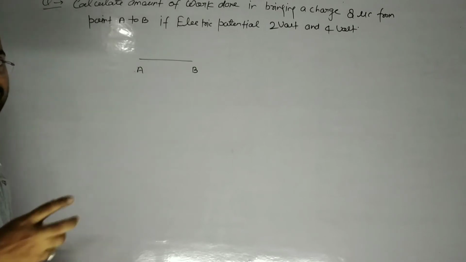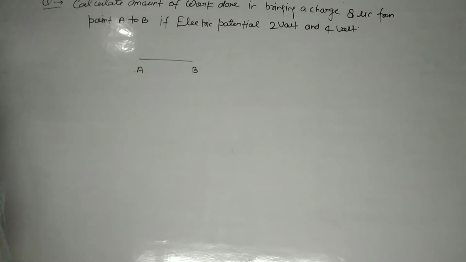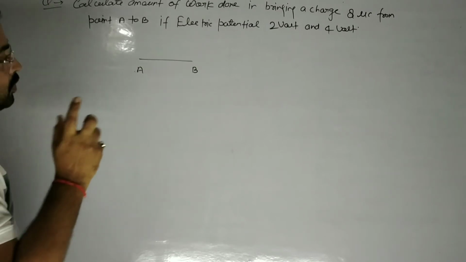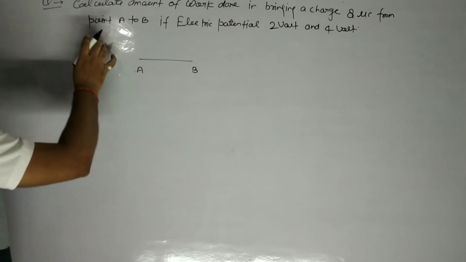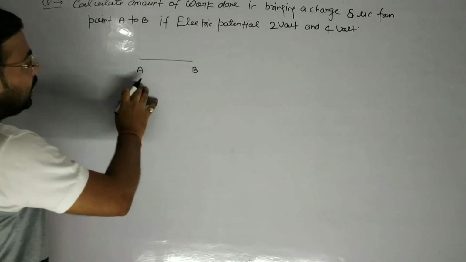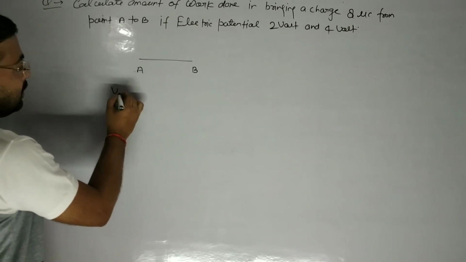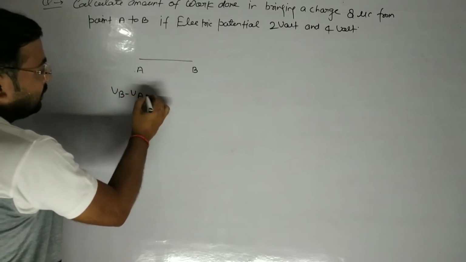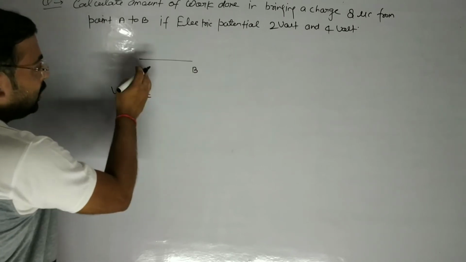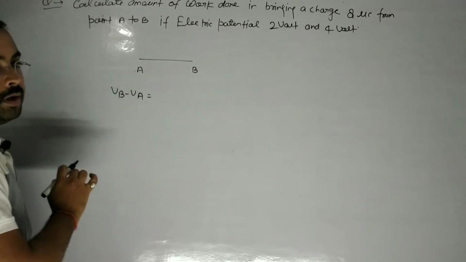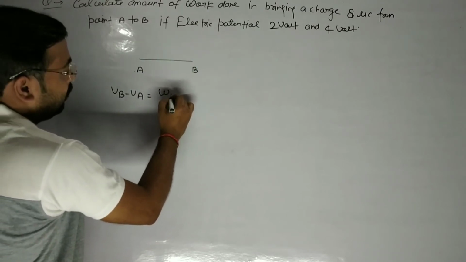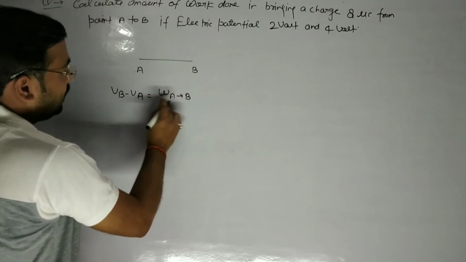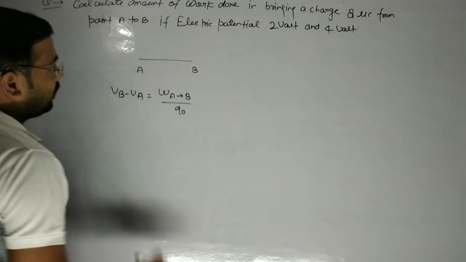In the definition, I was asking about point B to A. But in this numerical, it is A to B. It means for B to A, VA minus VB; for A to B, VB minus VA equals W external A to B upon Q naught.